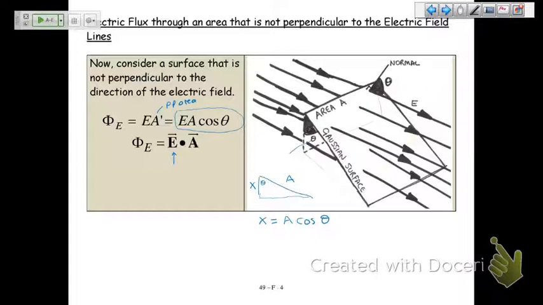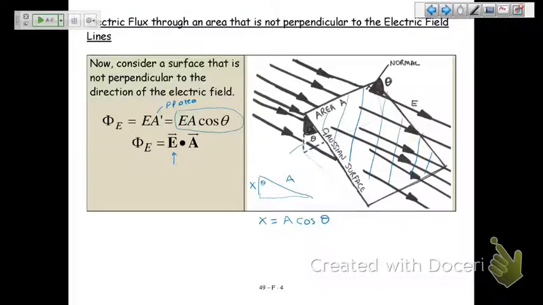The vector will have the magnitude of the card area and be perpendicular to the surface. That's our rule. So A is a vector which is perpendicular to the card surface and has a size which is proportional to the card surface area.